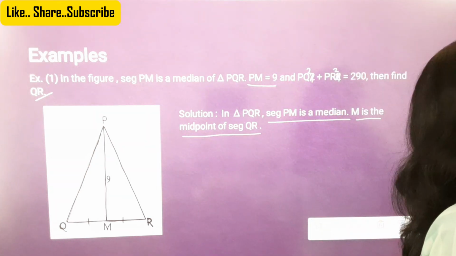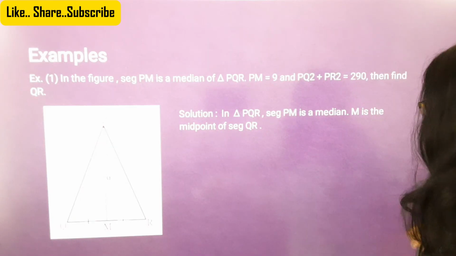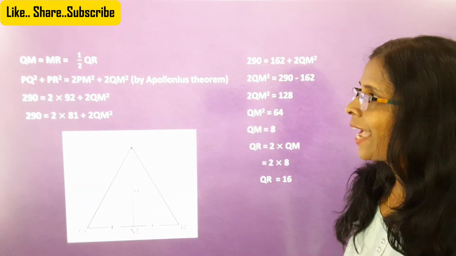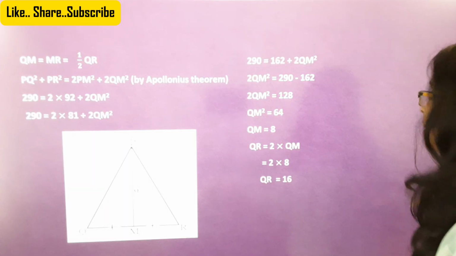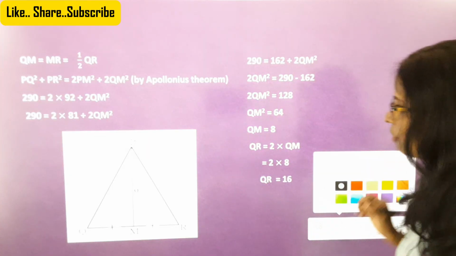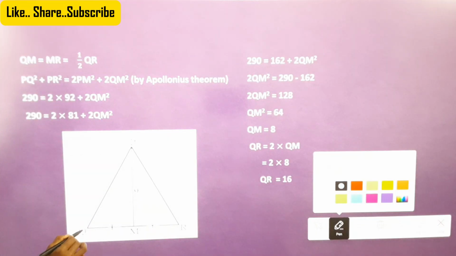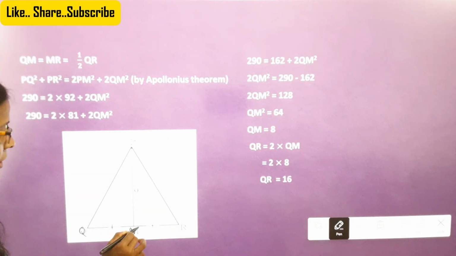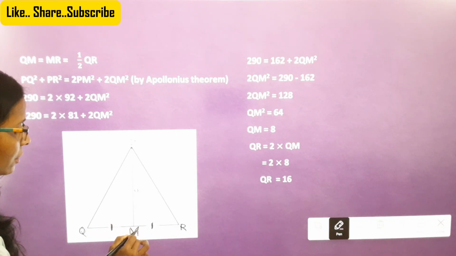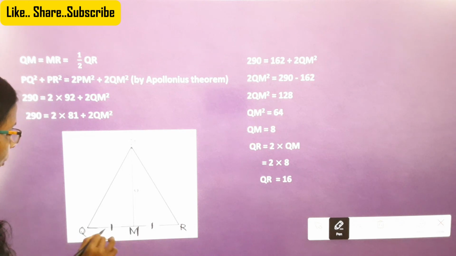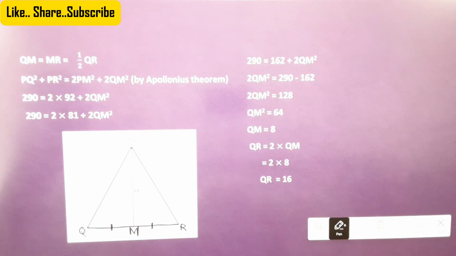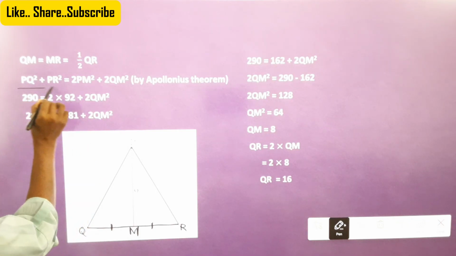As per the given figure, QM is equal to MR because M is the midpoint of segment QR, so QM is half of QR.